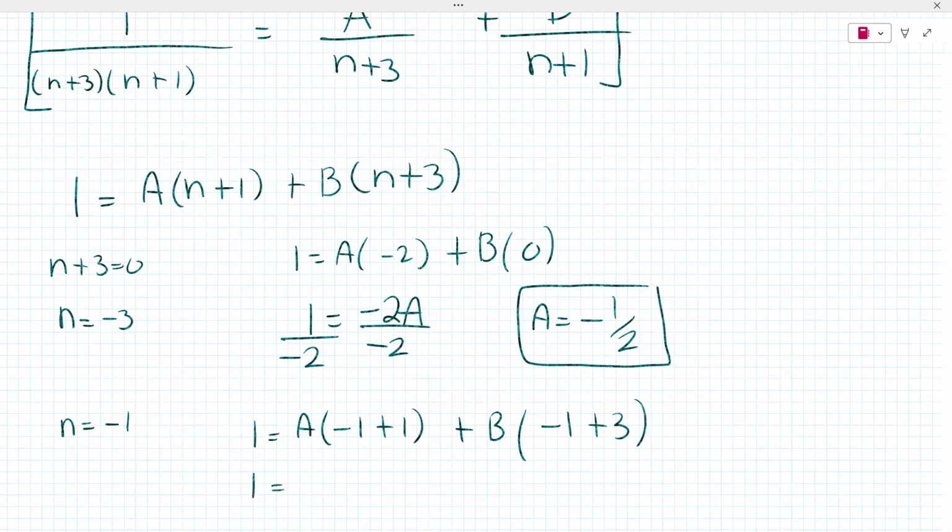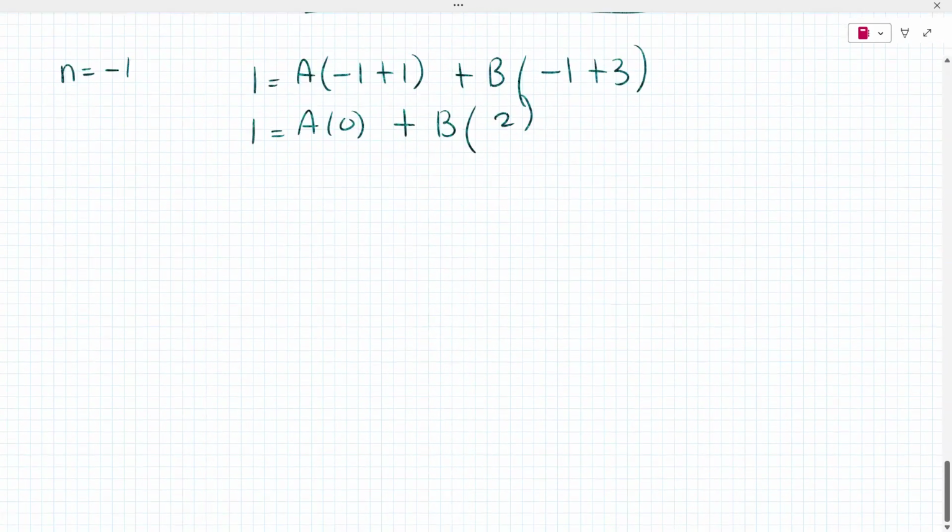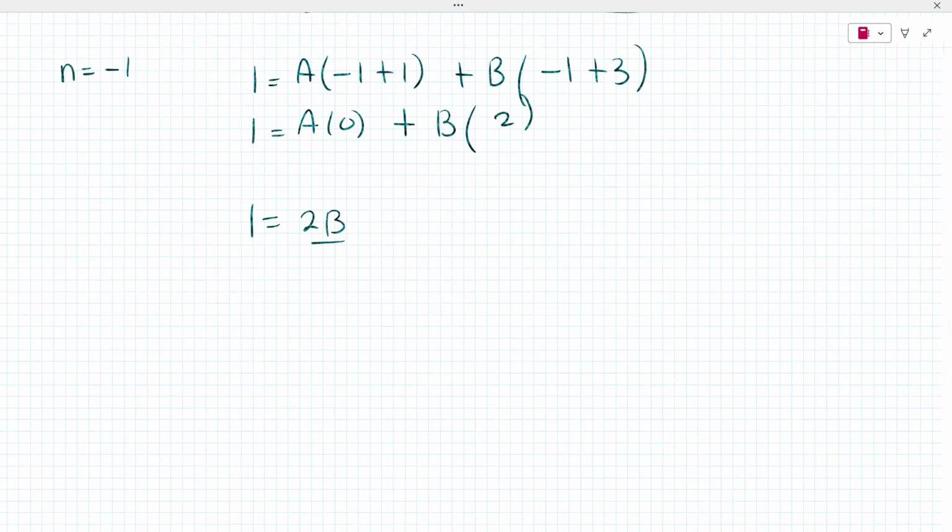So -1 plus 1 is 0, so a times 0 plus b times 2. And you get 1 equals 2b, and then solve for b by dividing both sides by 2. So I get b equals 1/2. Okay, so our b is 1/2 and our a is -1/2.